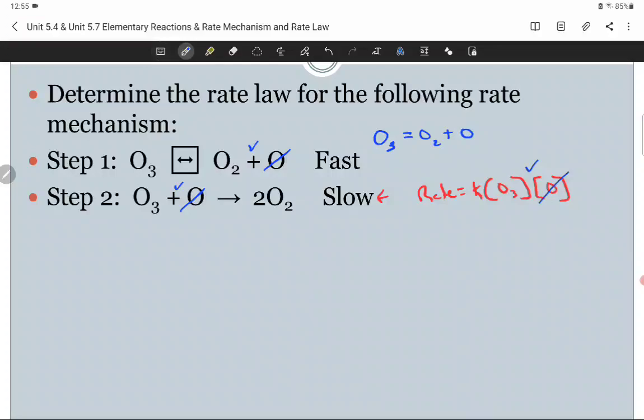So we have this oxygen that we don't want in there. Do we have anything that we could substitute in? Yeah, let's manipulate this mathematically. We have that. Okay, so what are the coefficients here? We have a 1 and we have a -1.